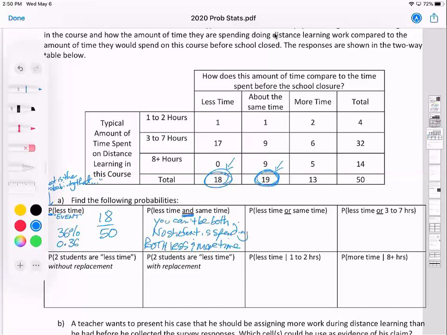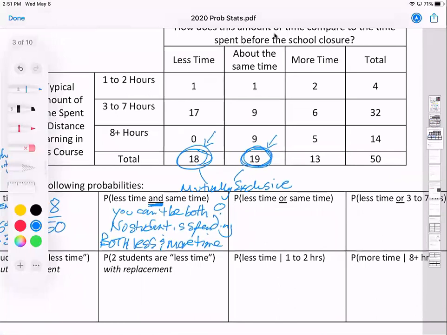So this really doesn't make sense. These events are mutually exclusive. So really the answer is undefined or basically 0%, because you can't do both. That might make you feel a little uncomfortable, but that's different.